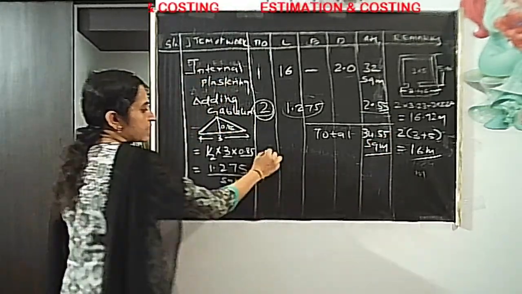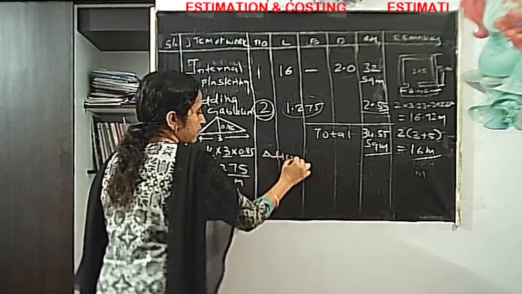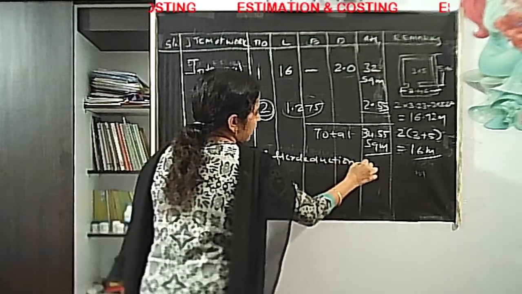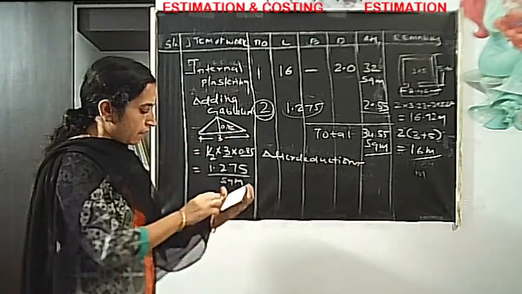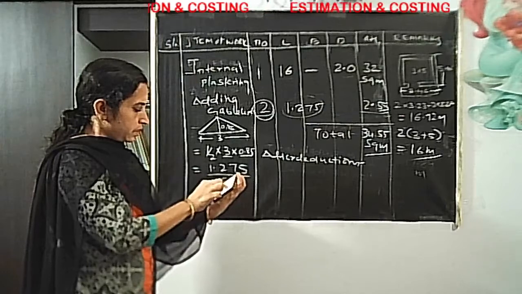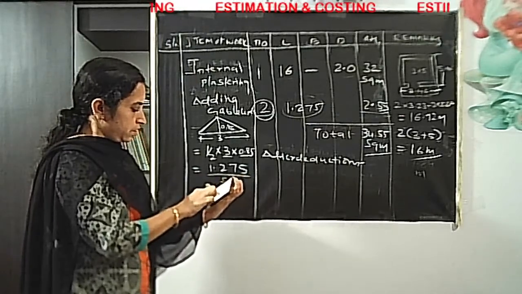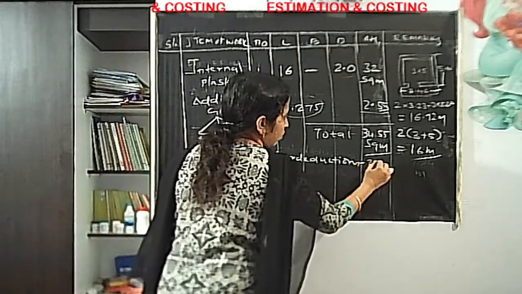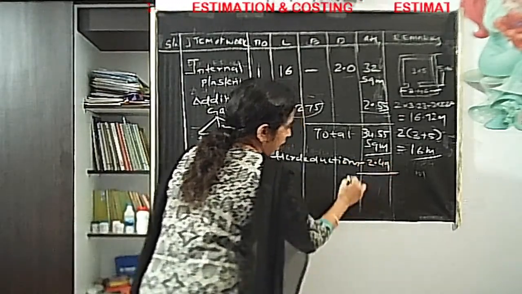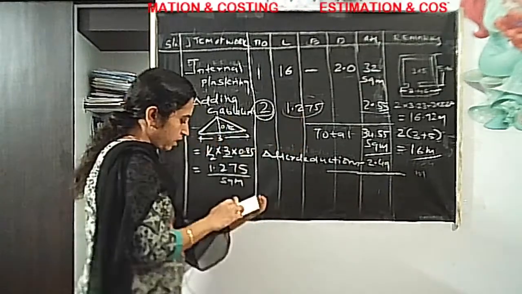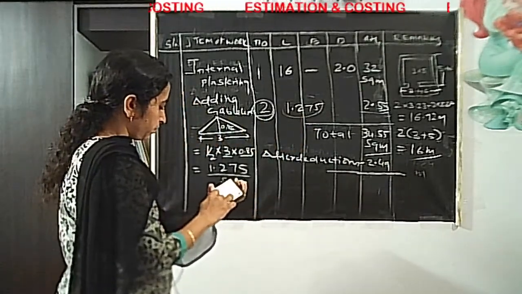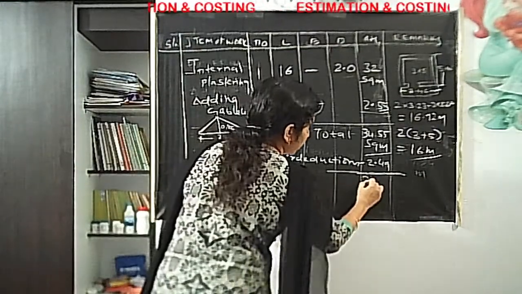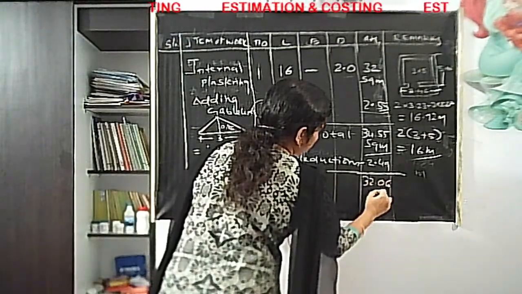So after deductions, again in the interior plastering we are taking half of the openings, that is equal to 2.49. So after deductions, your quantity of plastering will be 32.06 square meter.